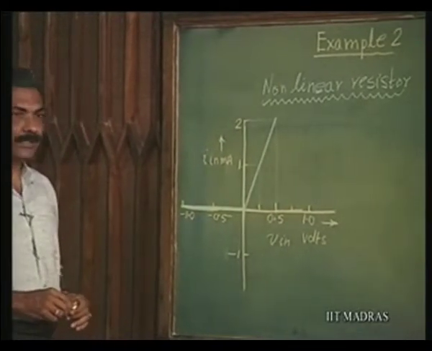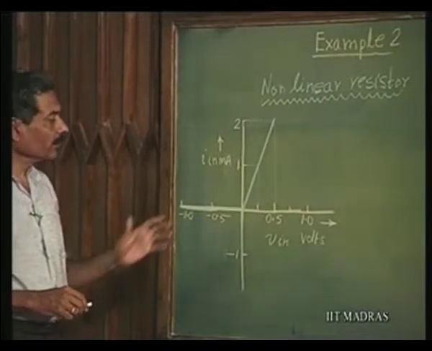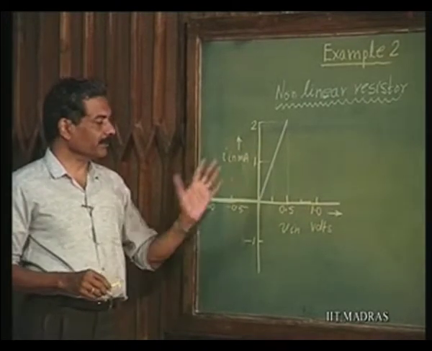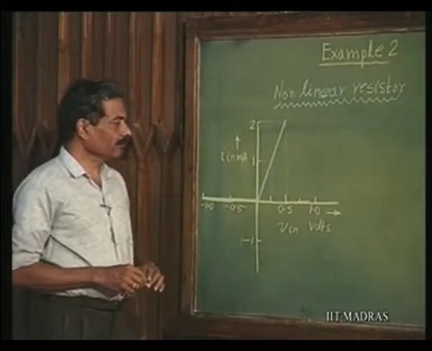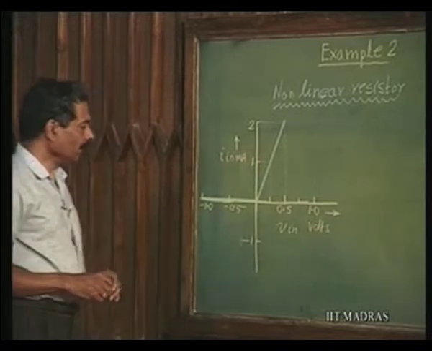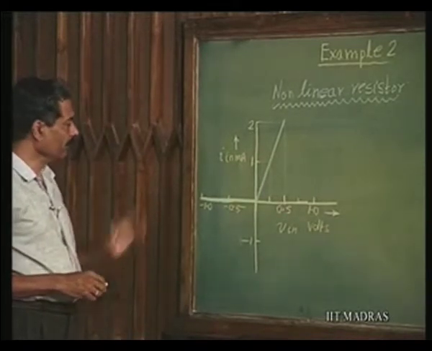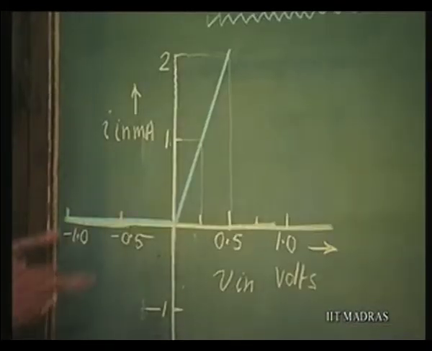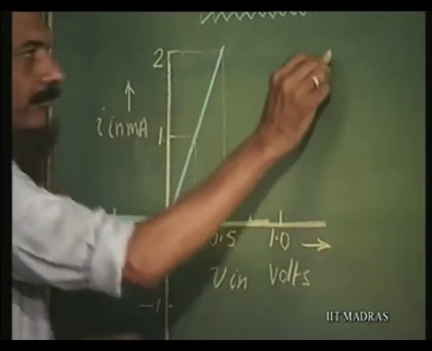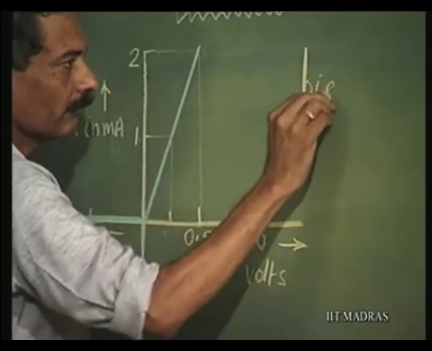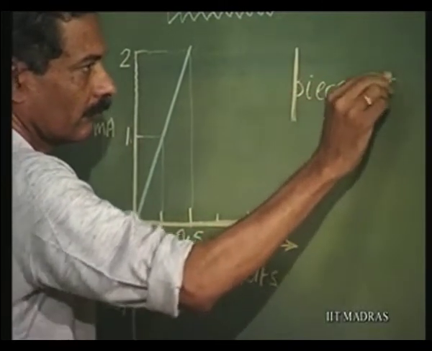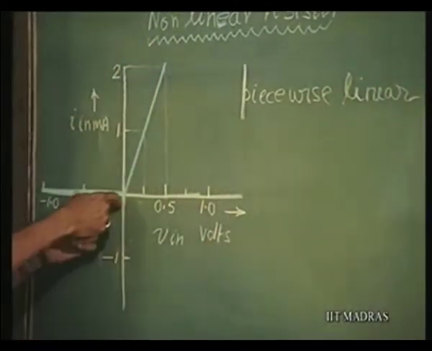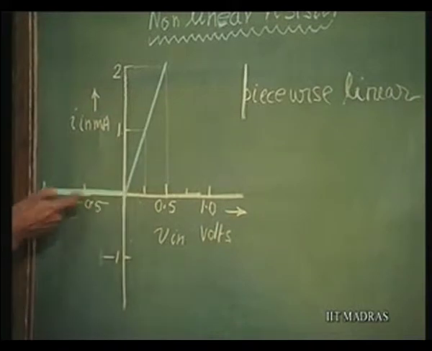You are now asked to find out, explain its behavior for different voltages in terms of current. Now, that can be explained very simply in the following manner. Let us see. There are two regions where it is piecewise linear. It is linear here, it is linear here.